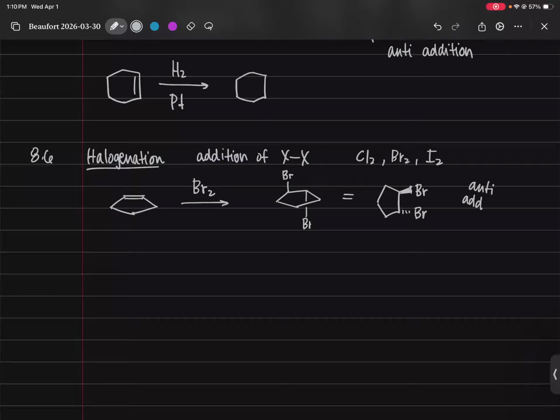The mechanism I'm going to show you is easier to visualize when you draw it on the side like that.